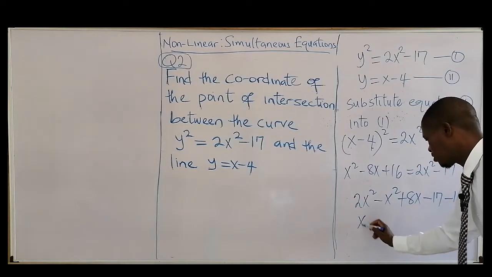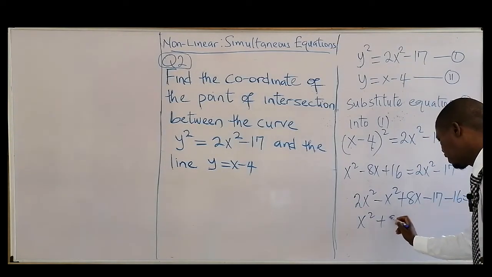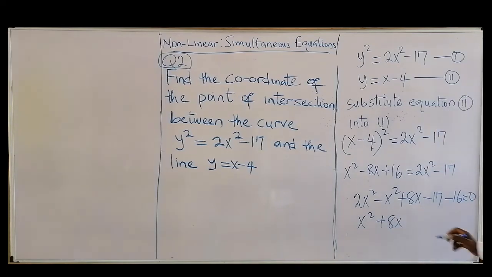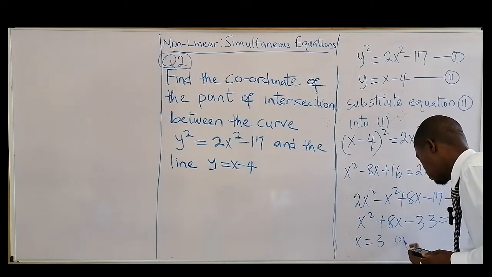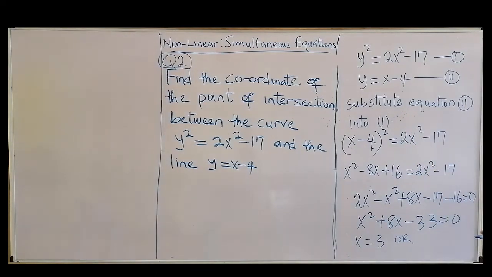So I now have x squared plus 8x minus 17 minus 16, minus 33, equal to 0. We can use a calculator to get x equal to 3 or minus 11.